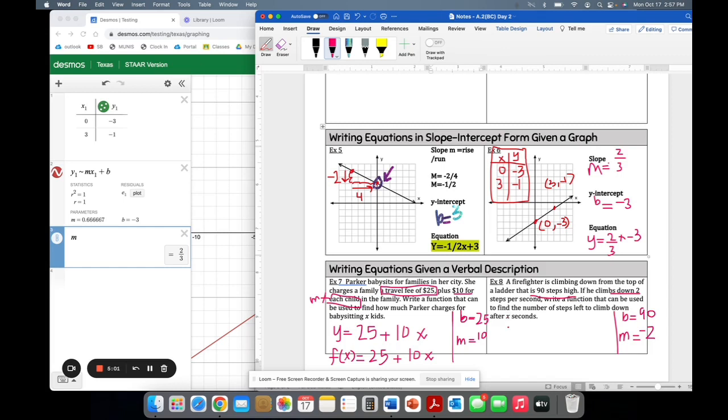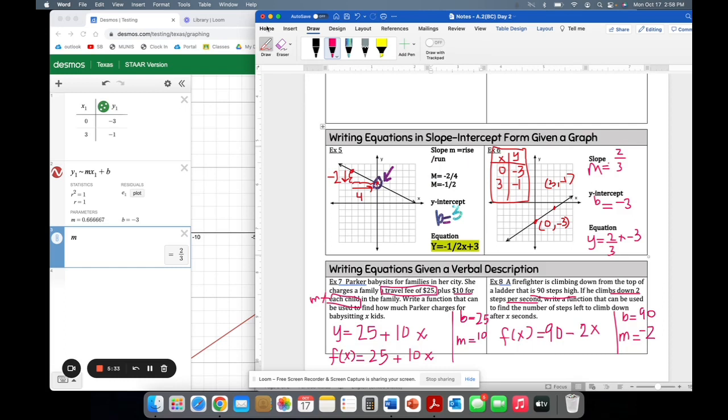I need a function that can be used to find the number of steps left to climb down after x seconds. So my equation is f of x equals 90 minus, because he's climbing down, minus 2x, 2 steps per second, so -2x, and that's my function.